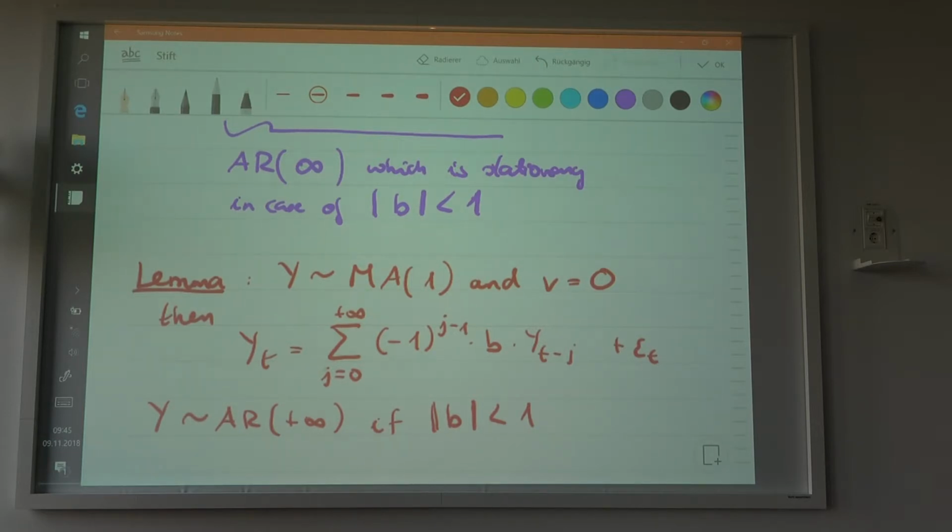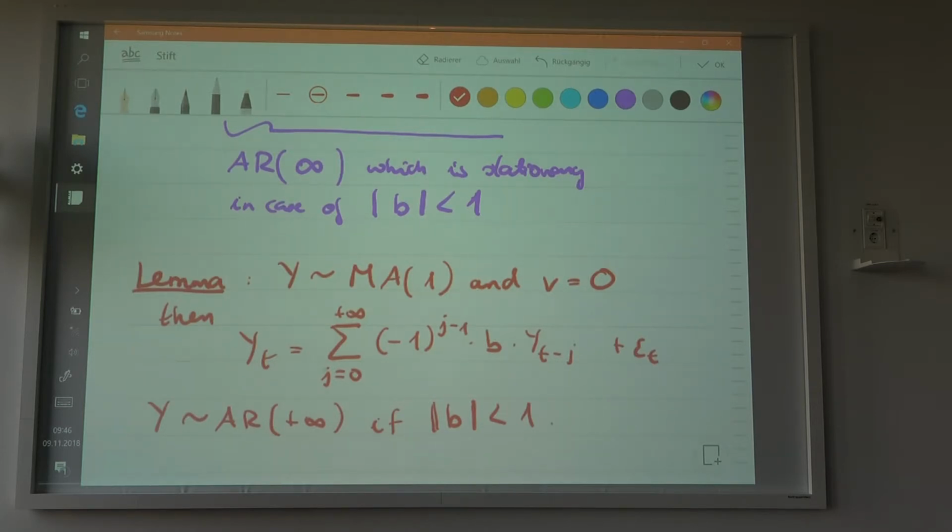So if you have a moving average process of order 1, with the constant 0 without loss of generality, then you can express the process as an autoregressive process of order infinity, provided that the absolute value of the coefficient is less than 1, because otherwise the process is not stationary.